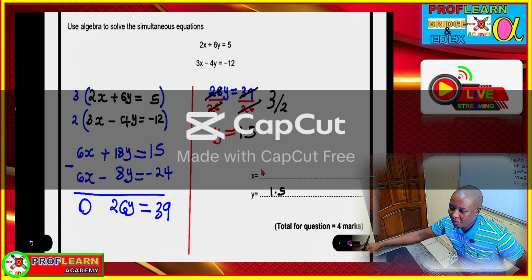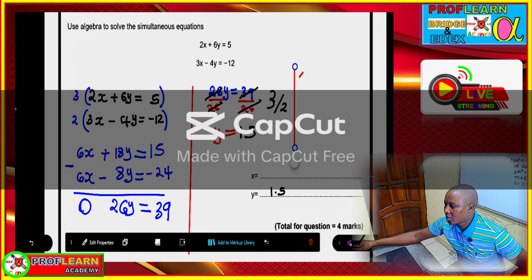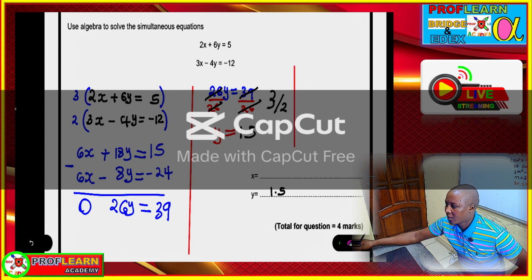And also for x, we are going to substitute the value of y that we have gotten so that we can find the value of x. So this is going to be 2x is equals to 5 minus 6 into 1.5.